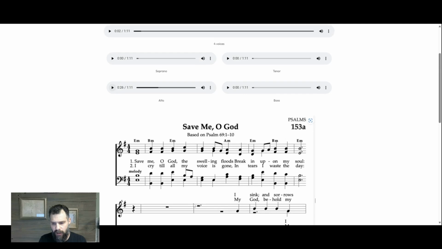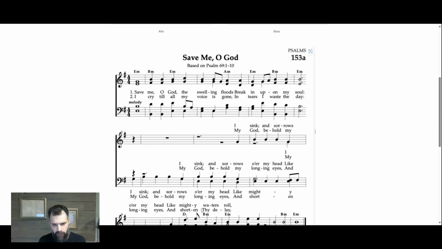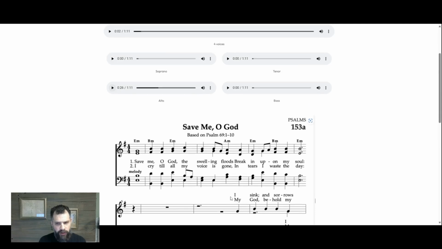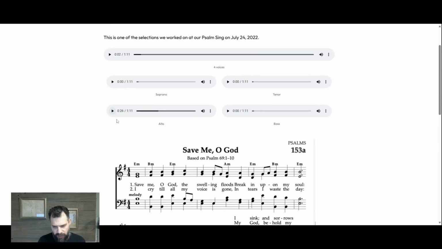But for our purposes right now, and for the sake of learning to sing parts, just focus on one part and try to associate that with the melody for you. And you can do that with every song that we sing in church. If you're learning the alto, then you can do that for every song we sing each week. And whenever we sing it together, you can sing the alto part and it'll sound harmonious.